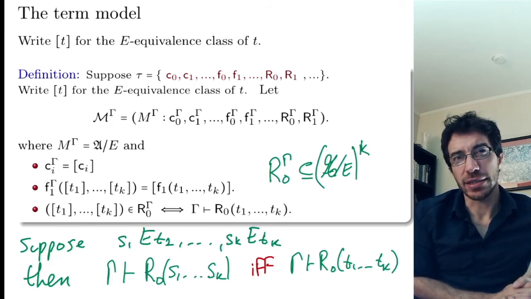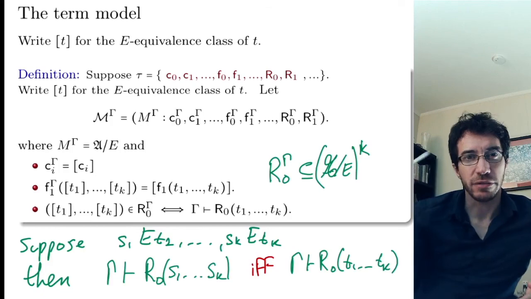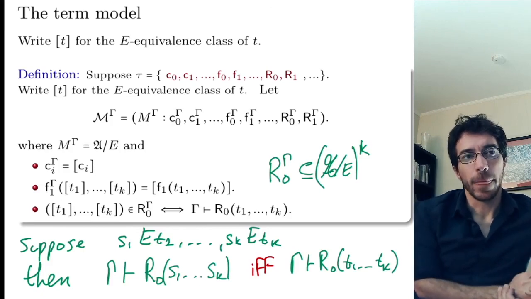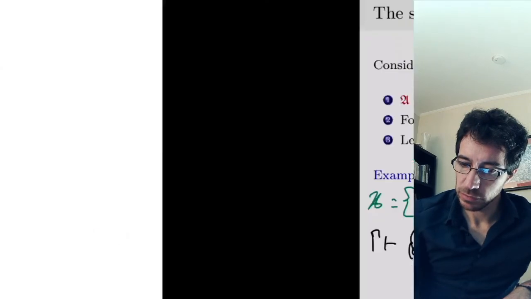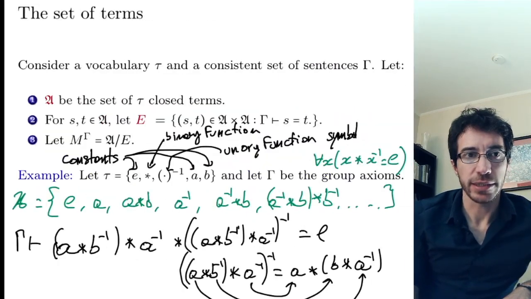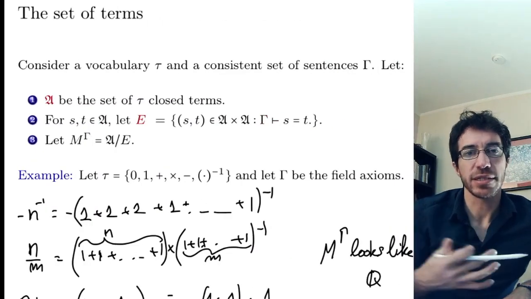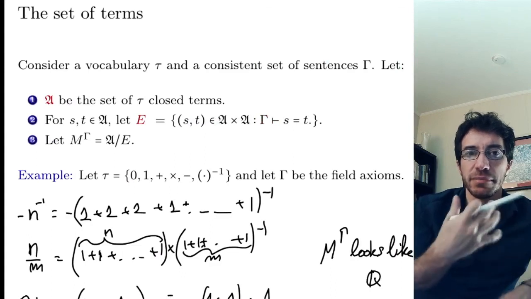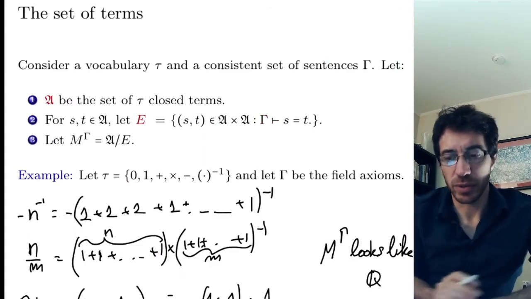Notice that in the examples that we saw in the last video, essentially we were considering this structure already, more or less. That was kind of in the back of our minds. So this is the same intuition we had when we did the group and this other group and the field, that we have these elements with terms, and we can think of how we can multiply and add these terms. Essentially, that's what we're doing.